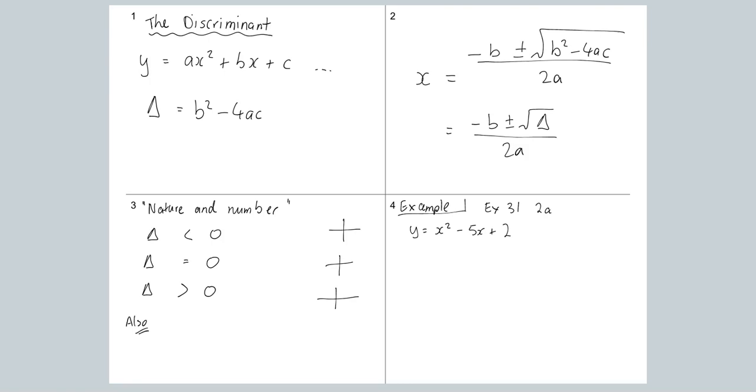The set of numbers is called the complex set of numbers, as opposed to the real set of numbers. So when b squared minus 4ac is negative, this will be the square root of a negative number, and therefore this whole thing will not be able to be evaluated. And therefore, if the discriminant is less than 0, there are no real roots.